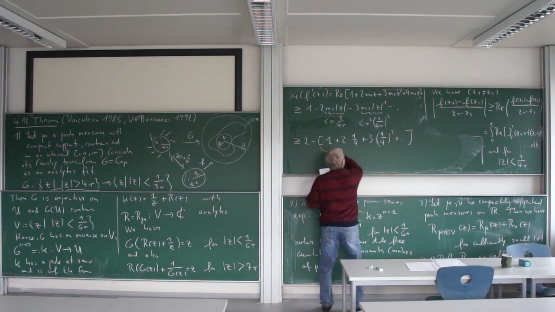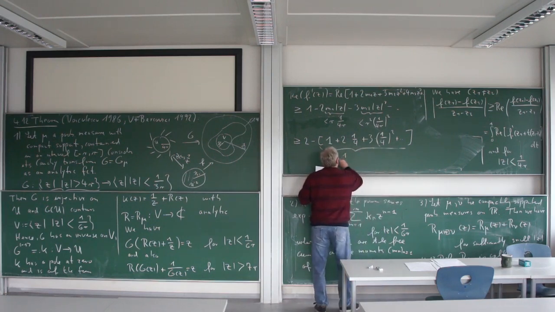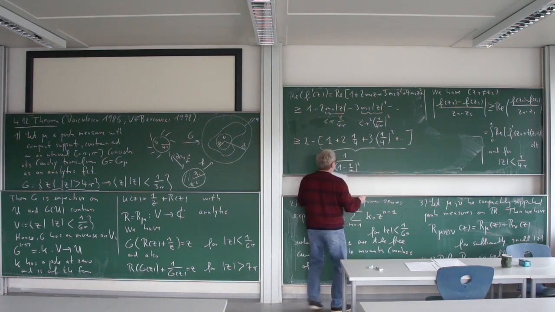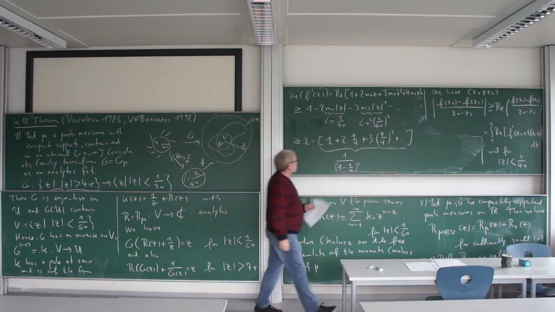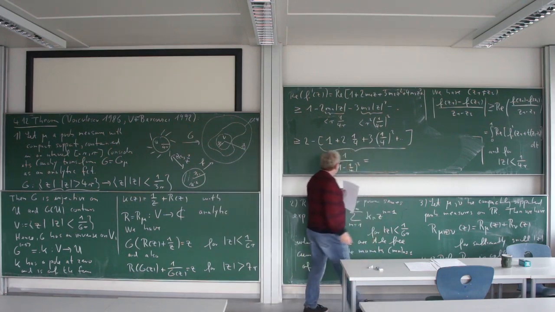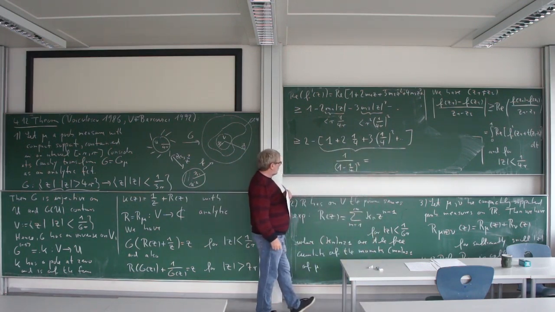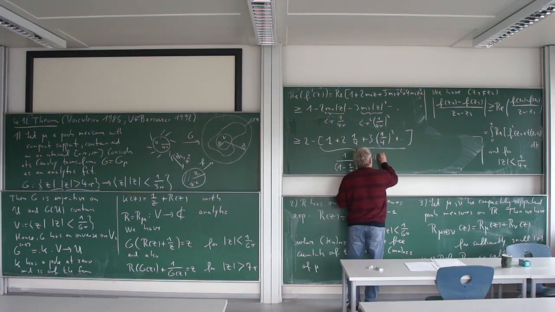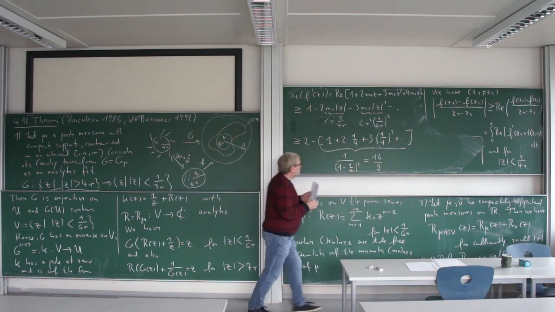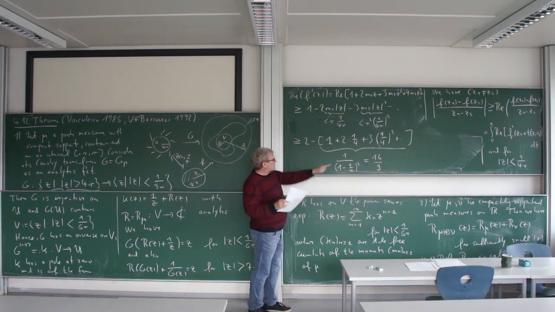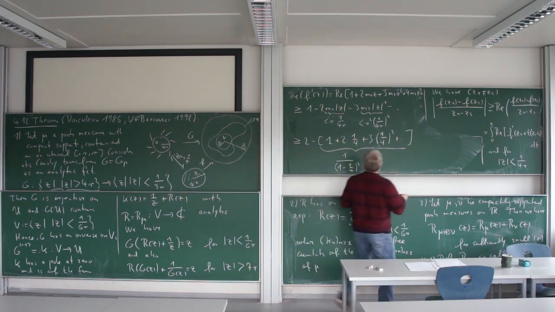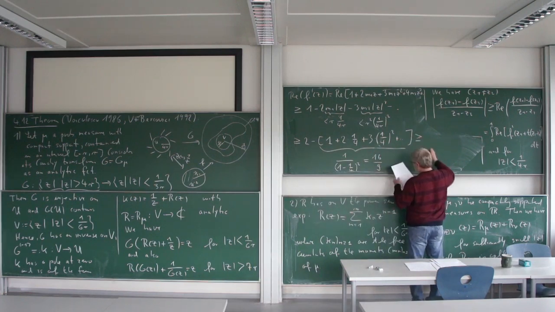This sum is 1 over 1 minus 1 over 4 squared, which is 1 over 3 over 4 squared, which is 16 over 9. And so I have 2 minus 16 over 9, 2 is 18 over 9, so I get 2 over 9, which is positive. So this here is greater or equal than 2 over 9.